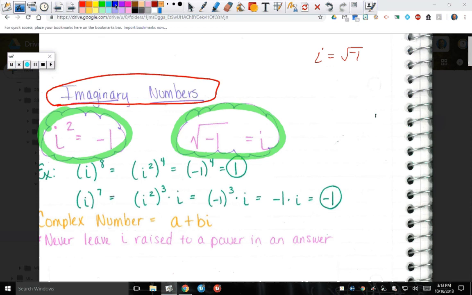And if I asked you guys, I want you to develop, how would I get i squared? Algebraically, what am I doing to get i squared? Multiplying it 2 times. Yeah, I'm multiplying it by itself 2 times, or I'm squaring it. So if I square the left side and I square the right side, I will end up getting i squared is equal to negative 1.